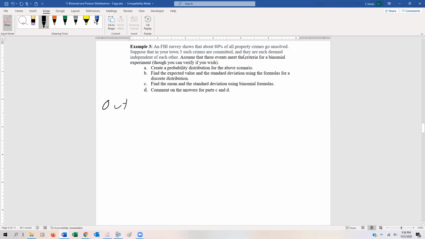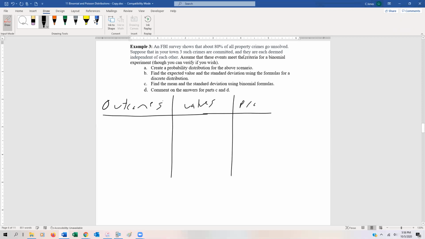So remember, we have outcomes, we have values, and then we have probability. All right, so you remember that from section 10. And there's 4 possible outcomes, right?